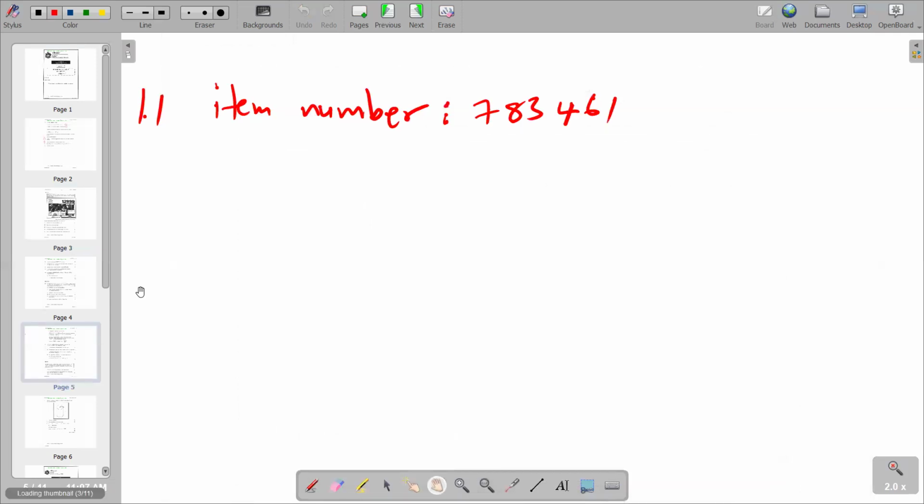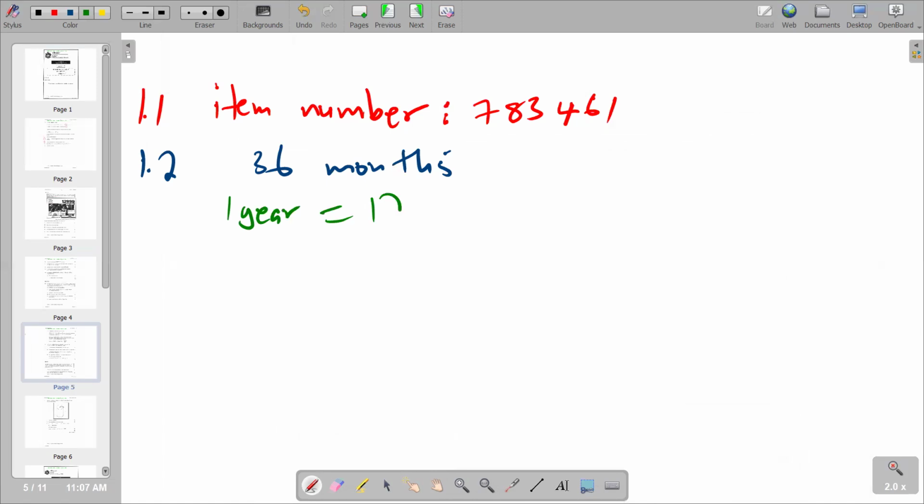Going back to our answer section, on 1.2, we have 36 months. And we know that we have 12 months in a year. So 1 year is equal to 12 months.